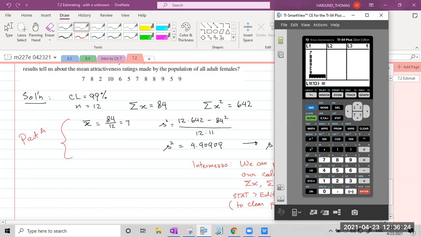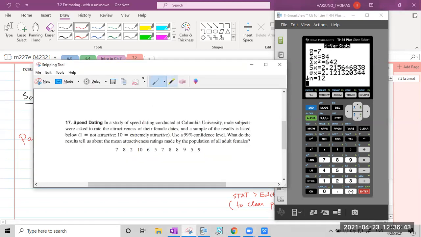Now to compute, you go to stat again, calculate, 1-Var Stats. The list is L1. Frequency list, leave it, then calculate. That's what we get.